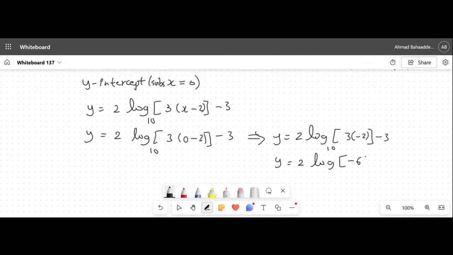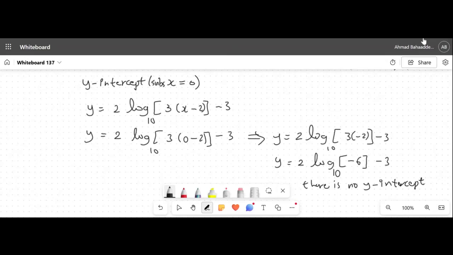We can't accept the argument of a logarithm for any base to be negative. So there is no y-intercept.